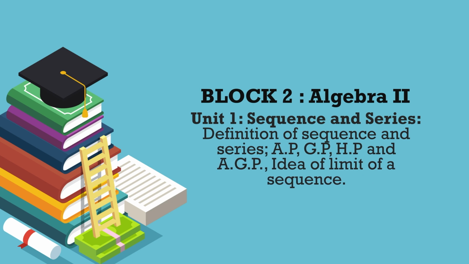Apart from this, in sequences and series, which is unit number 1 of block 2, we will understand what a sequence is and what a series is, and how they are different. We will understand arithmetic progression, geometric progression, harmonic progression, arithmetic-geometric progressions, and many more things in this unit.